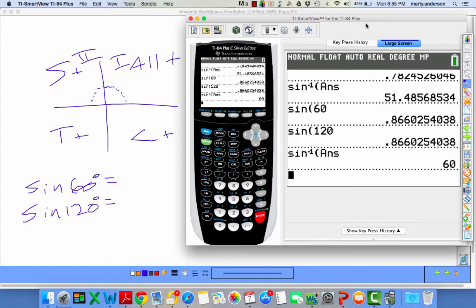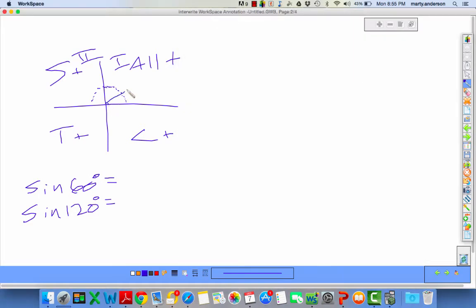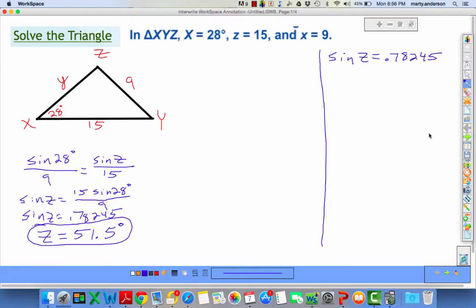But how do I know if they mean 60 in quadrant 1 or 60 in quadrant 2? I don't know the difference between that. I don't know which one is going to be which because they're the same. So this means we could have two triangles that are going to make up the possible answers.